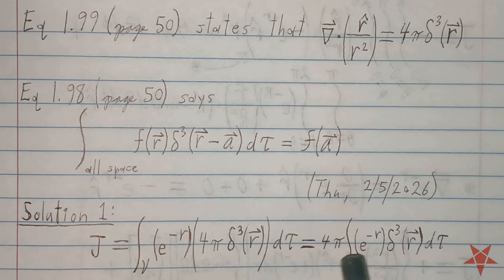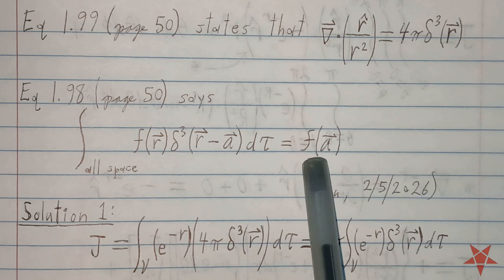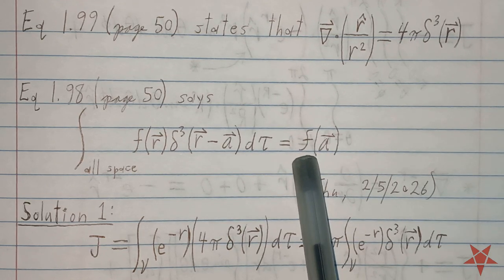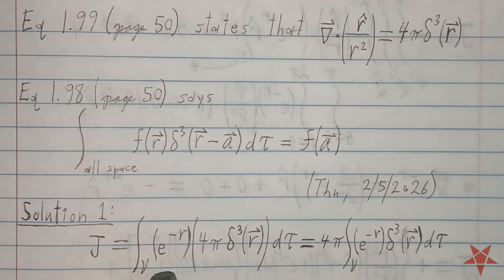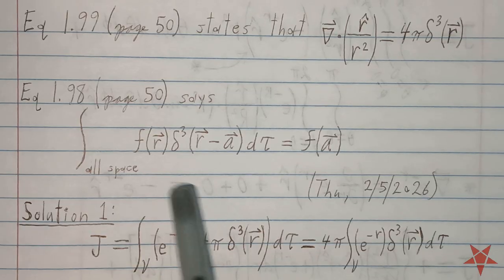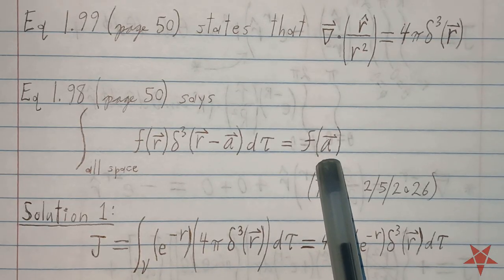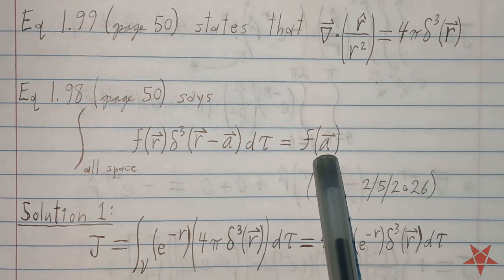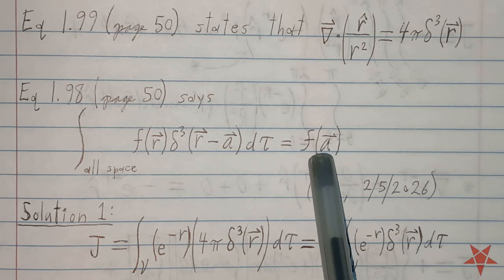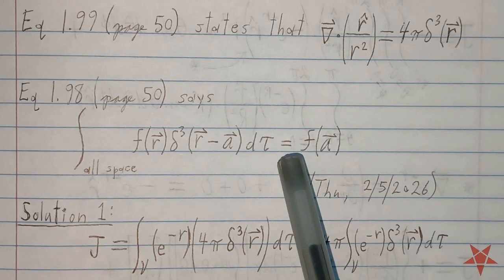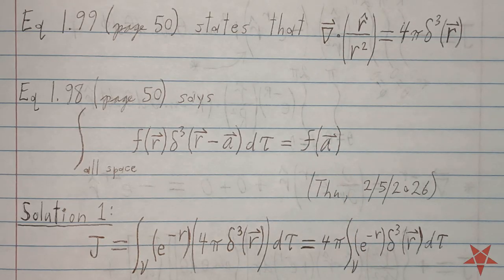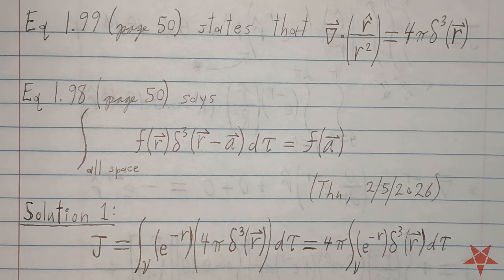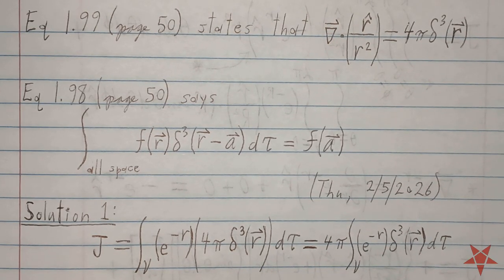Evaluation of the Dirac function should give us the value of f, which in this case is e to the negative r at what's basically the origin. In this case, a vector equal to 0, 0, 0 for x, y, and z. Keep in mind we're actually using spherical coordinates, so basically r equals 0.